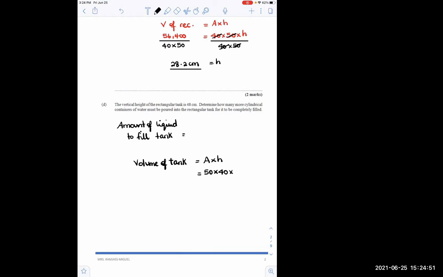The height of the water could go as high as 48. So work that out for me, and the amount of liquid to fill the tank would be the volume of the tank, which is what you're working out now, minus the amount presently in the tank, which is the 56,400. So work that out for me. 50 by 40 by 48.